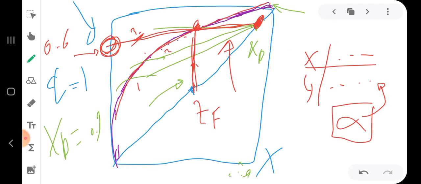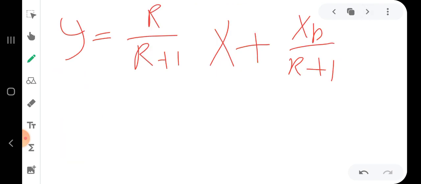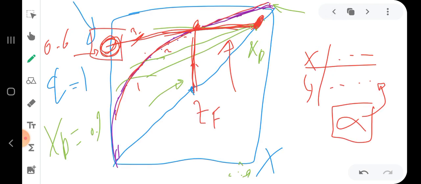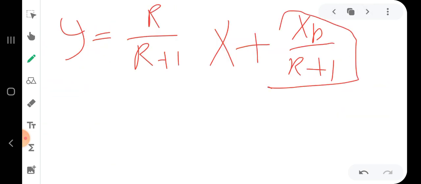So these green lines are nothing but the top section operating line, and this intercept is xd over r plus 1.